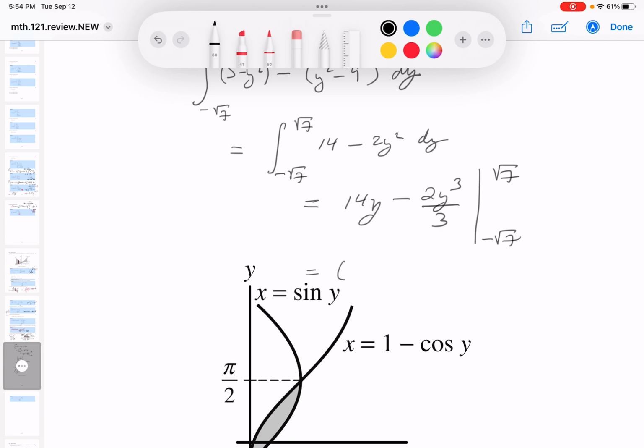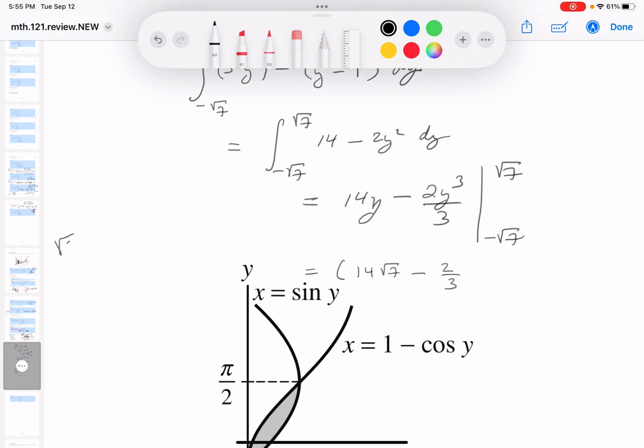What do you get? 14 root 7s minus 2/3. Now, when you cube root 7, let me point out what I mean by that. When you cube root 7, it's going to be like 7 because I have 2 square roots of 7 and then 1 left over, which is a root 7.